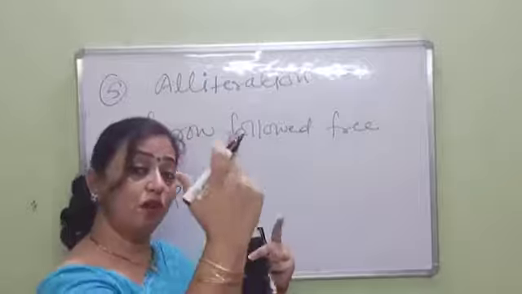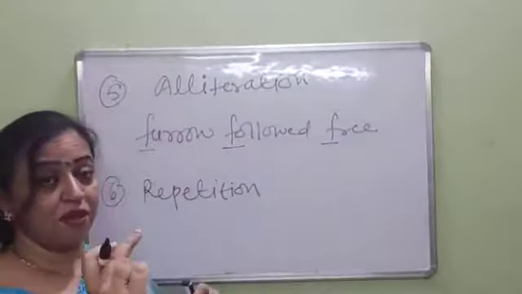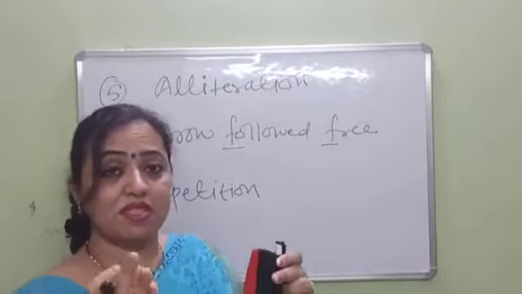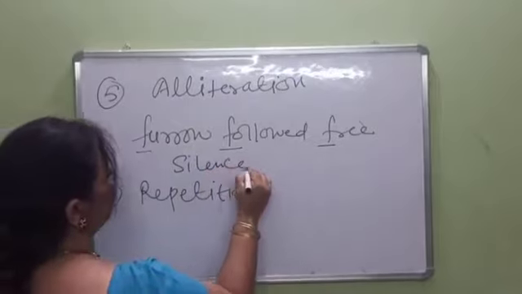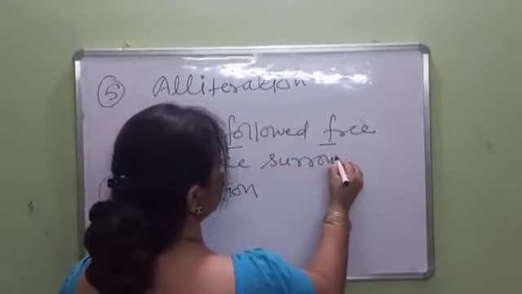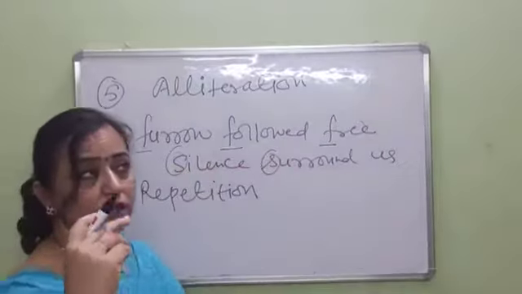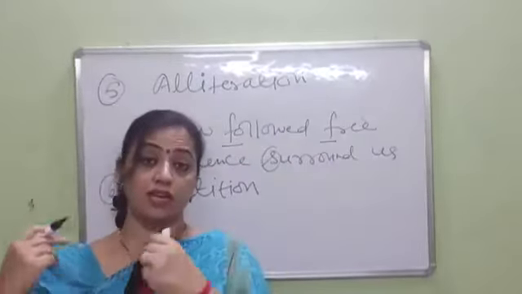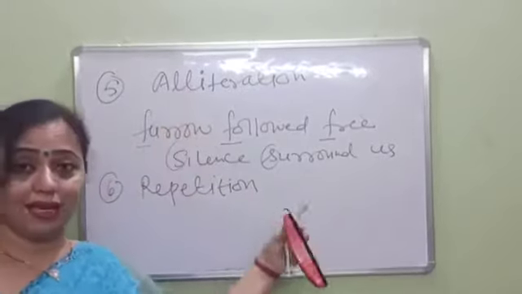So which sound is it? F. So alliteration is the same sound given like that. One more example: "silence surrounds us", from the poem Father to Son. The S sound is repeated, so this would be alliteration.